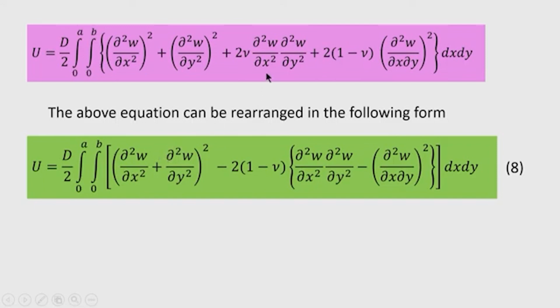Then the other term that remains: one term we added and another term is subtracted, the same term is subtracted. So, the term that is subtracted is again 2 into del square W by del x square into del square W by del y square. So, combining this term with this expression, now we can express the strain energy in this form.